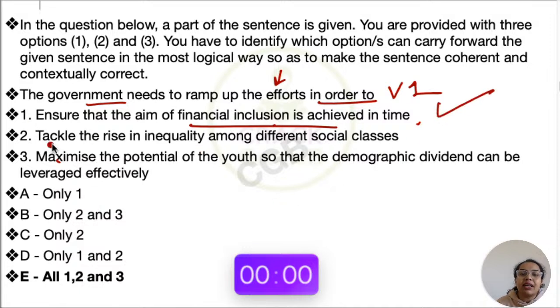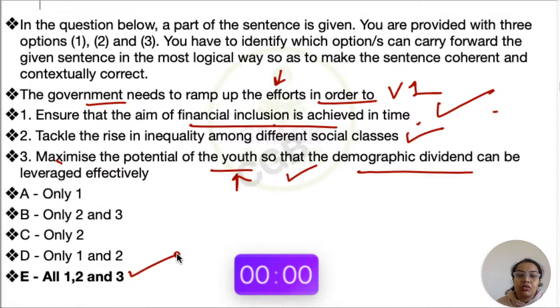Bingo. To tackle the rise in inequality among social classes, government comes into play for this one as well. Government needs to ramp up in order to maximize the potential of youth so that demographic dividend can be leveraged effectively. Definitely, this is again something up their alley that the government is involved in, and internally in the first, second, third, we get no grammatical mistake. So, all of them.